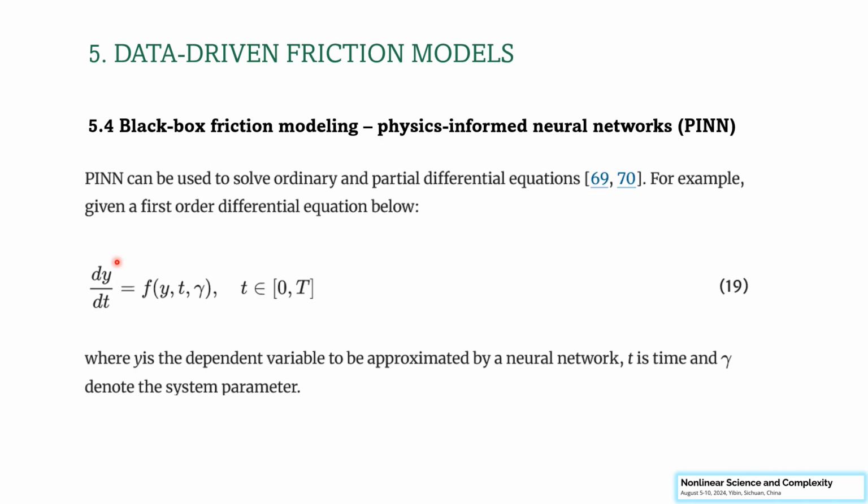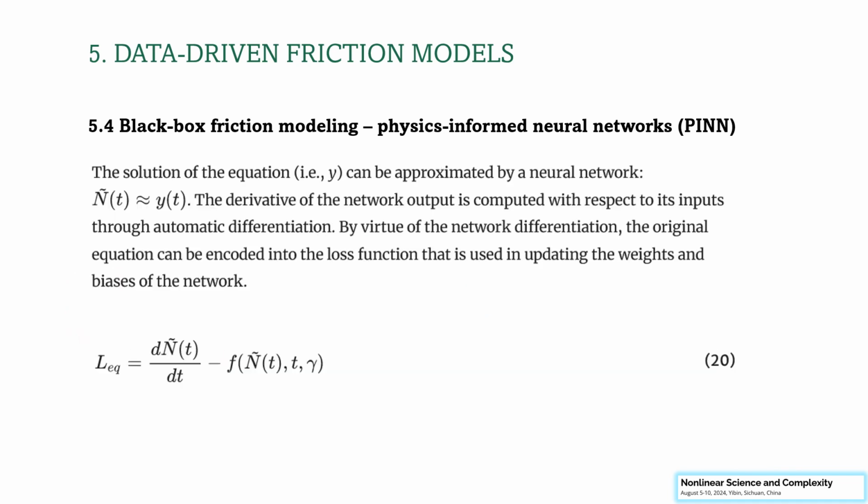The physics-informed neural network can be used to solve ordinary and partial differential equations. For example, given a first-order differential equation below. The solution of equation 19, which is dependent on t, can be approximated by a neural network as follows, where n tilde is the approximation of the solution.